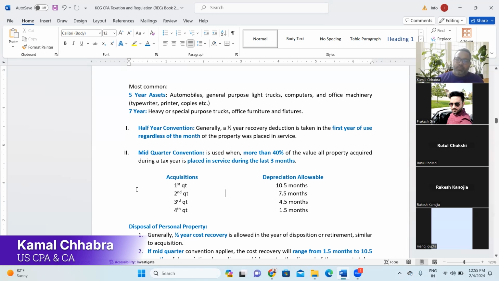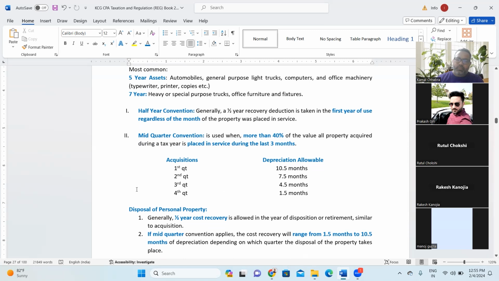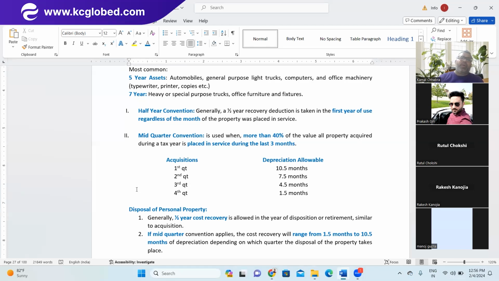My question was whether I can change the method for each category in each year, or I need to maintain consistency for all the assets. Yeah, very good point. So, for the respective method, for example, for real property you are using the mid-month convention method, and you are using that consistently. Whereas for personal property, let's assume for electronic items you are using mid-quarter convention, and for plant and machinery you are using half-year convention.